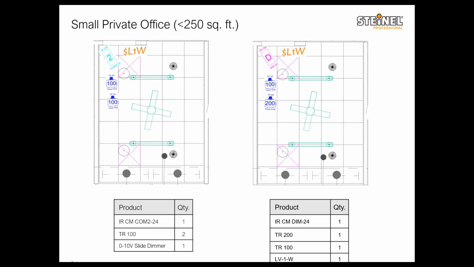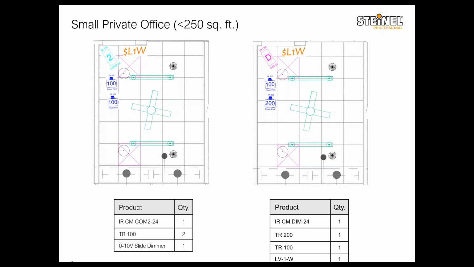So you need one sensor for such a small office. You need two power packs, one for lighting and one for receptacle control. And then on the wall for your manual override, you need a 0 to 10 volt slide dimmer to control the lighting, to achieve multi-level lighting control.